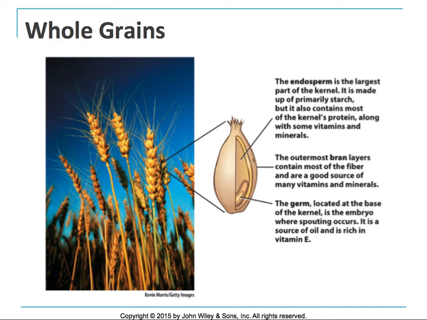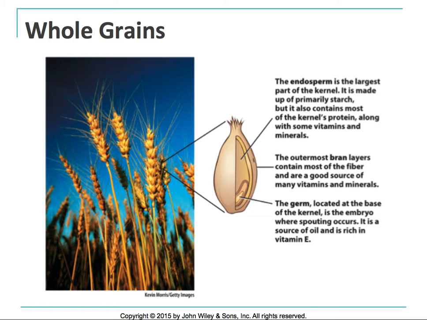So here's an example. This photo comes right from your text. Here we have what a typical kernel of grain would look like, a whole grain. The outermost layer, so kind of the shell of the grain, contains the most fiber, and that shell area is known as the bran, and that bran layer contains many vitamins and minerals.